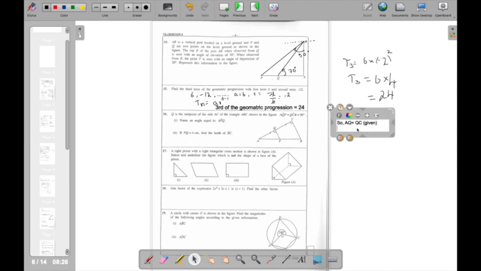Right, so now they have also given that angle AQP and angle QCB equals 90 degrees, right? AQP equals QCB equals 90 degrees, which means that is a right angle, right?